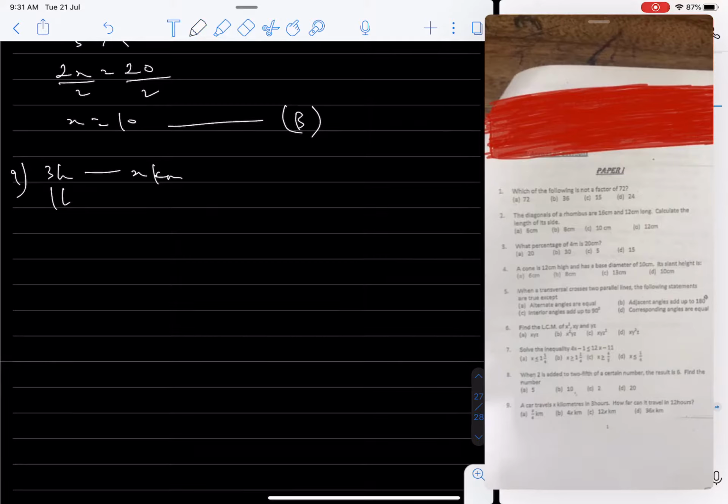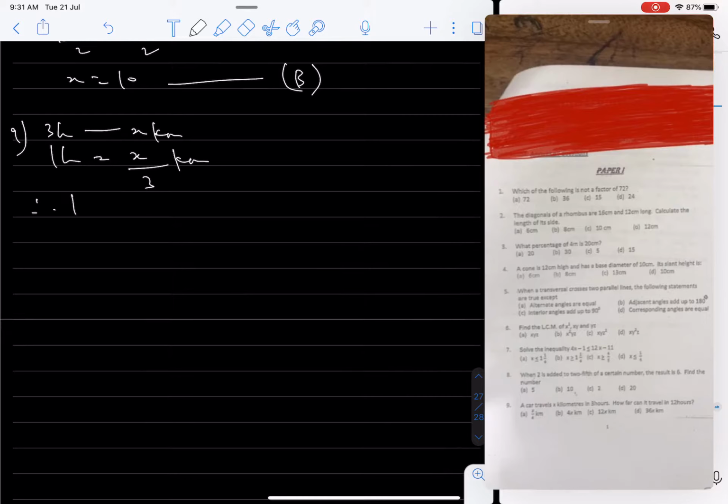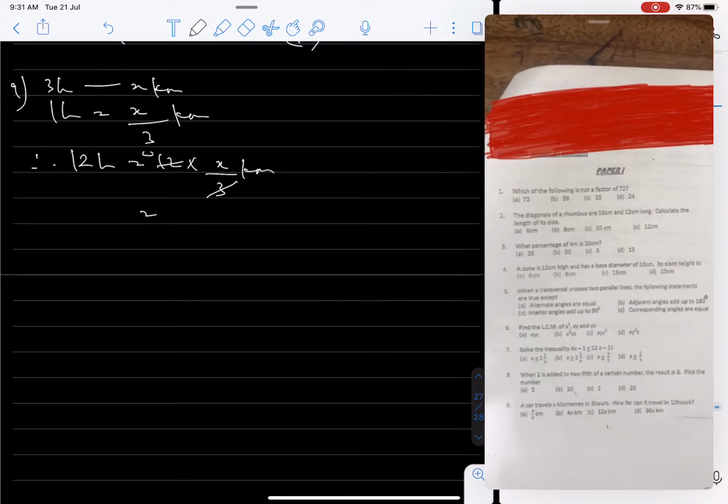That means in 1 hour, it travels x divided by 3 kilometers. Therefore, 12 hours is going to be 12 times x over 3 kilometers. 3 here 1, 3 here 4.